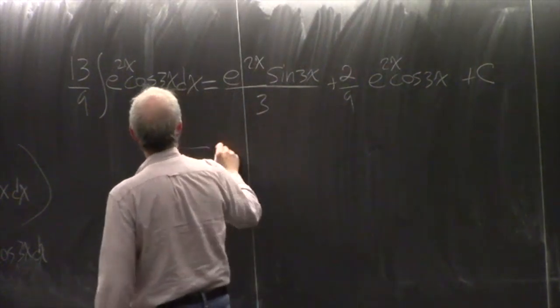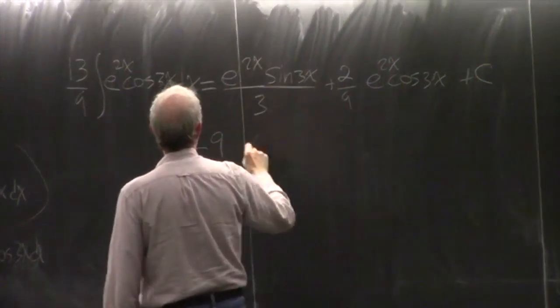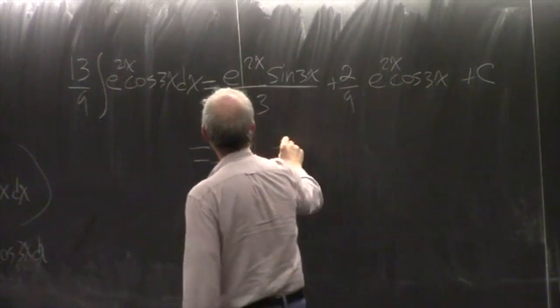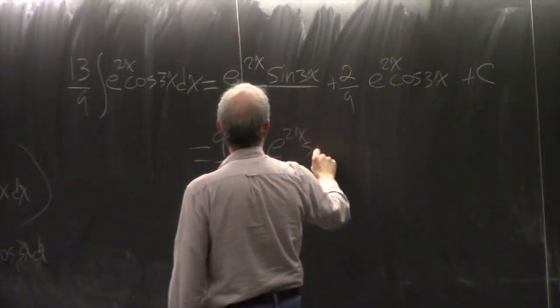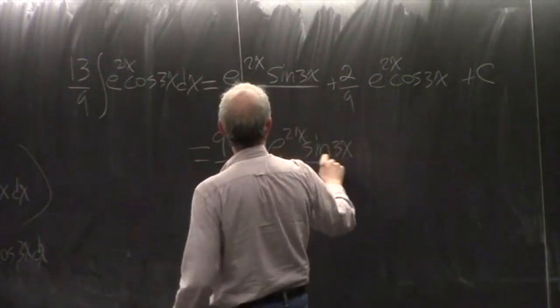Okay? So you would get 9/13 of this thing, which you would not have to simplify.